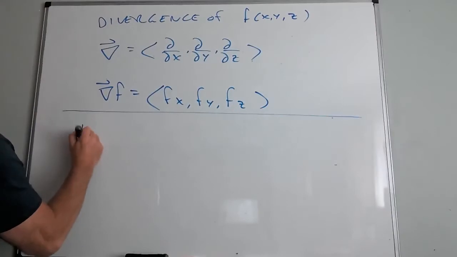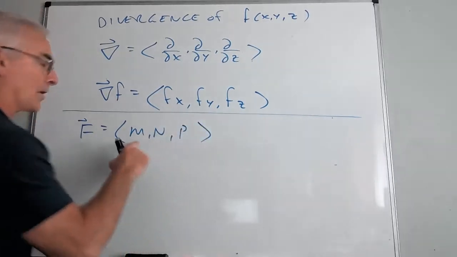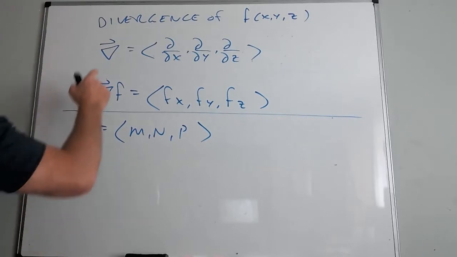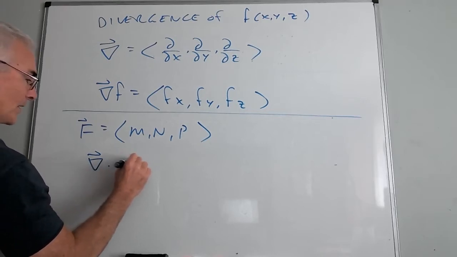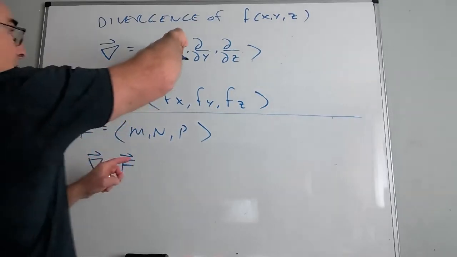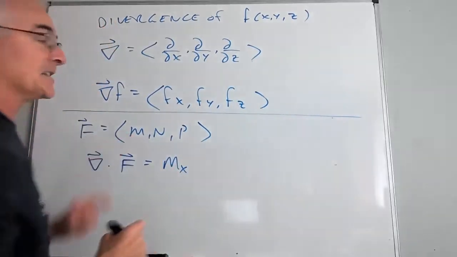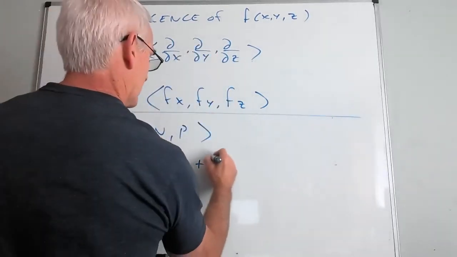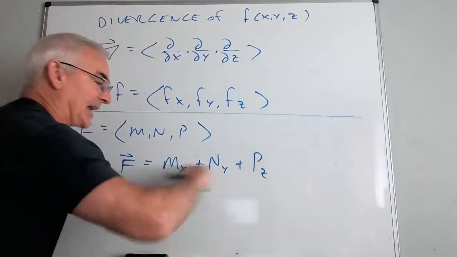So if I start with vector, let's call it capital F, and that will be M, N and P, where each of these are functions of X, Y, and Z. So now what we're going to do is define something where we say it's del dotted with F, which seems kind of strange because this is not a quantity, but I'm going to dot it, which means that I'm going to take this, apply it to M, and like a dot product, I'm then going to add this applied to N, and then add this applied to P.